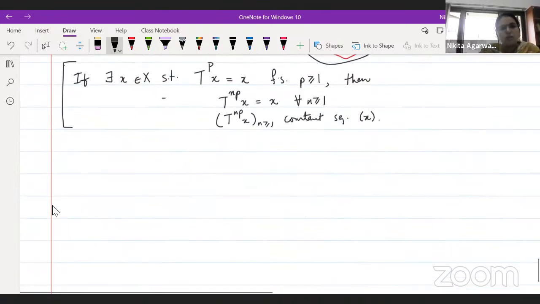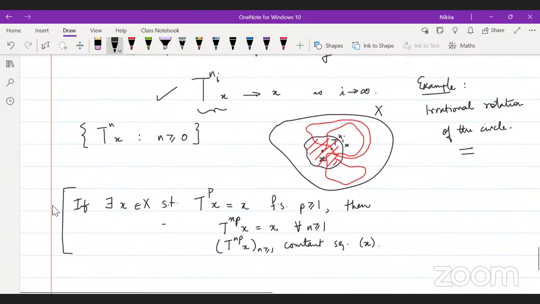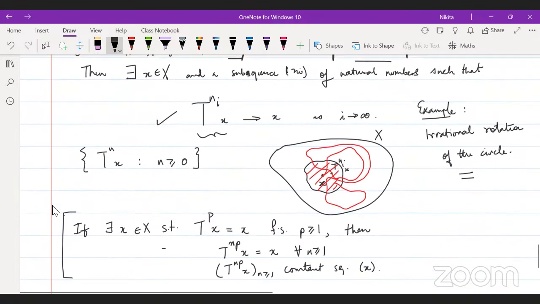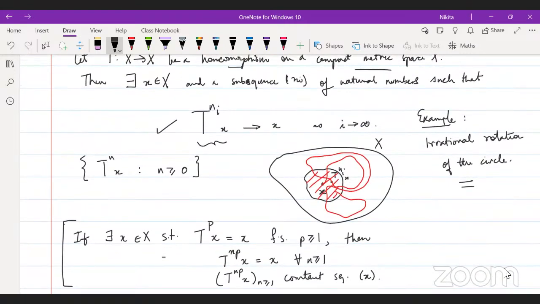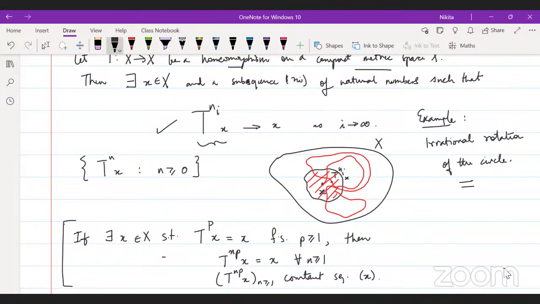Okay. So now, Subhamoy. Yeah, ma'am, I have a question. Yes. In the case of the circle, if we take the irrational rotation or rational, any point is recurrent, right? Yes.